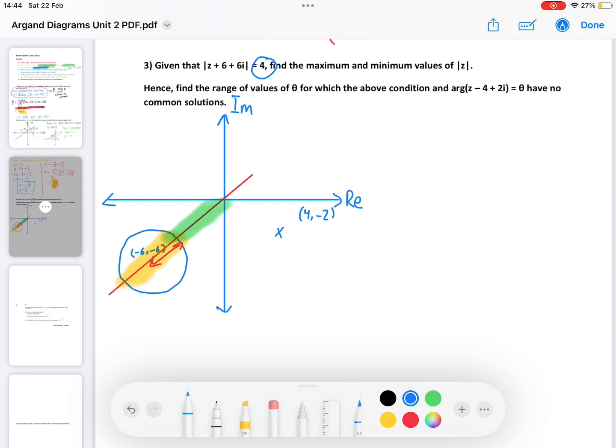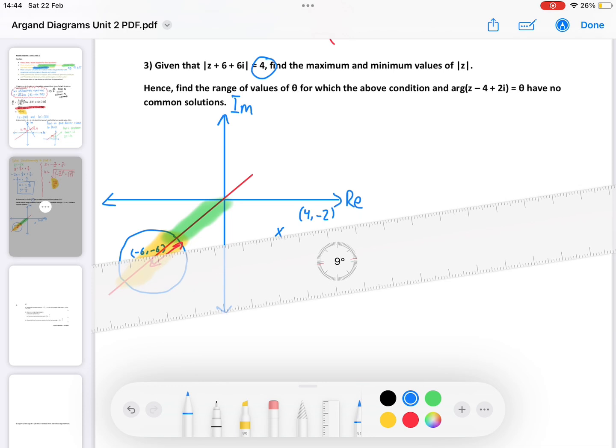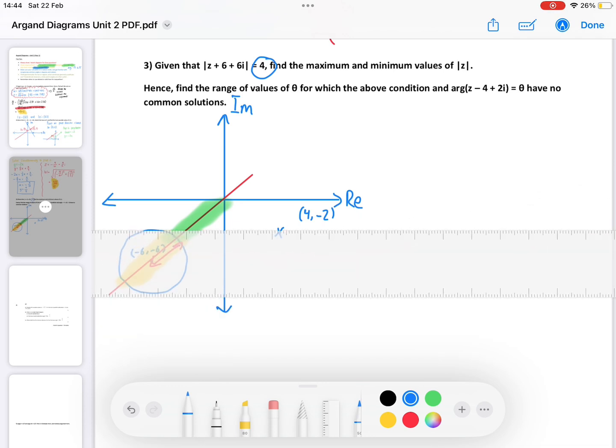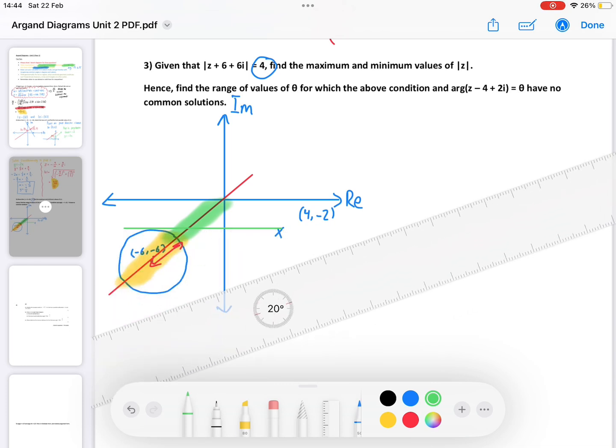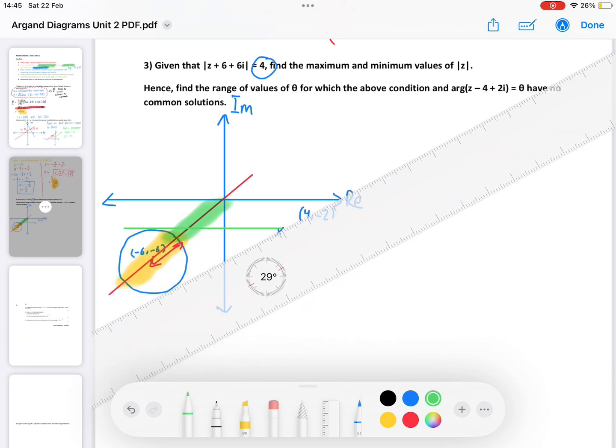Essentially, if we want to find the point of no common solutions, we can find the most extreme values of arg z that will fit, and therefore if they're outside of that range, then there won't be any common solutions. So what I mean by that is we have this line here and this line just here.